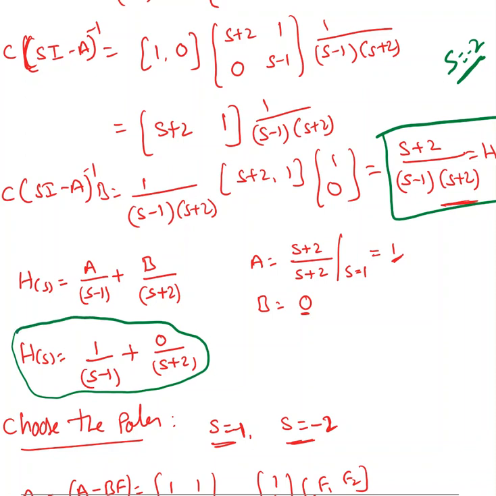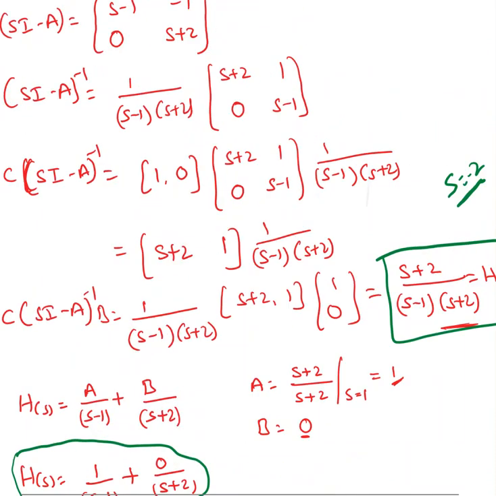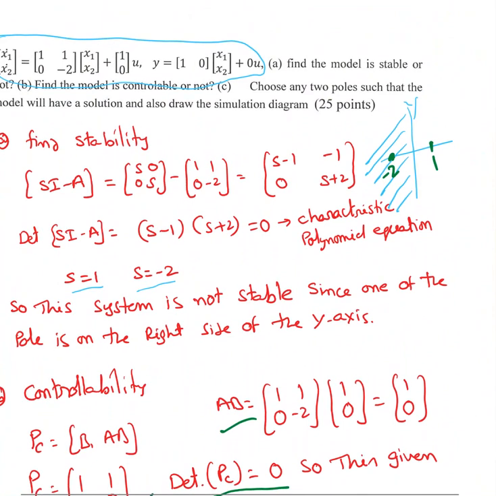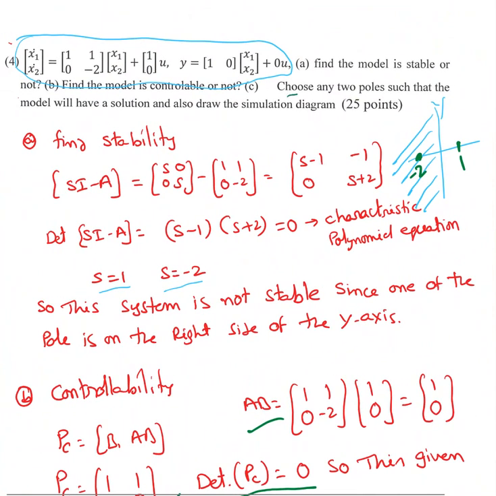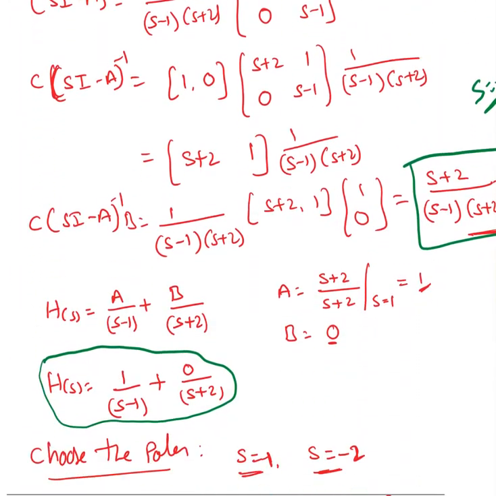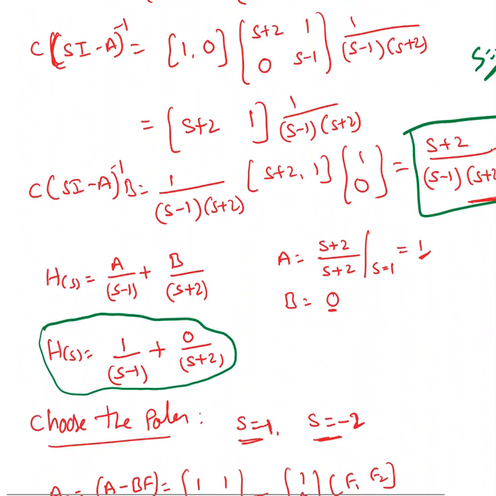Because I can draw the simulation diagram, since in the question he asked for the simulation diagram. He's also asking us to choose the two poles so that the model will have a solution, and also draw the simulation diagram. So I found H of s and did the partial fraction. I found the individual poles.